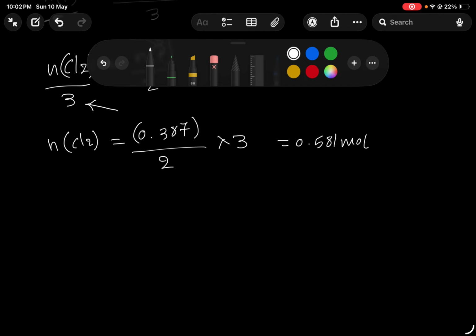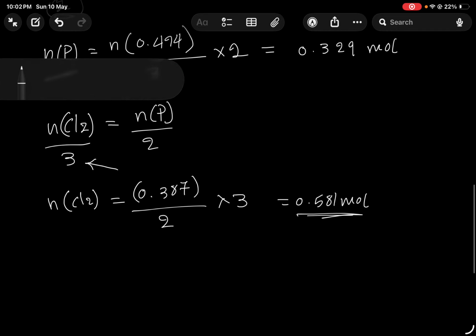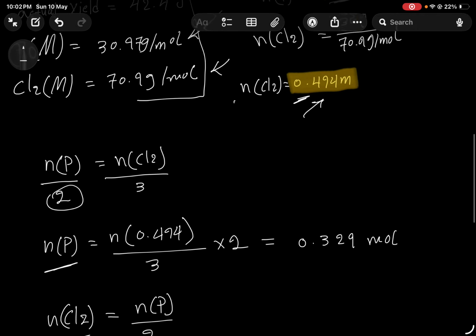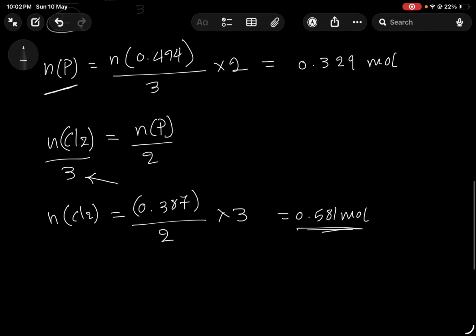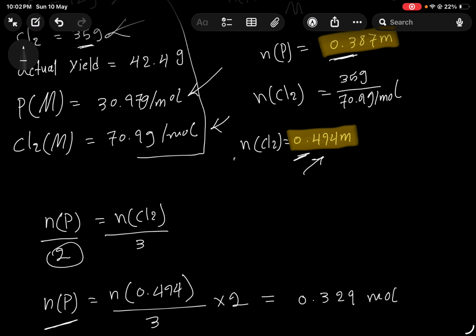To see which one is the limiting reagent, we can see that this number that we have gotten here is very different from this number that we have. So in this case we will need to have this much mole of Cl2 to make the reaction completely react with P. We don't have enough of that, since we have 0.494.